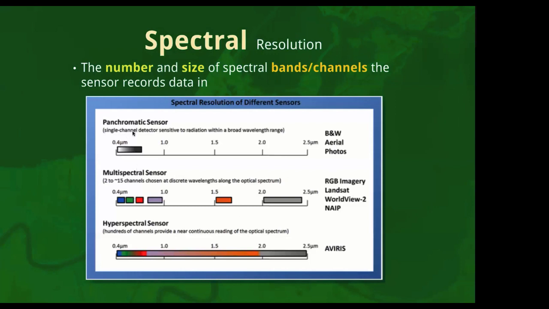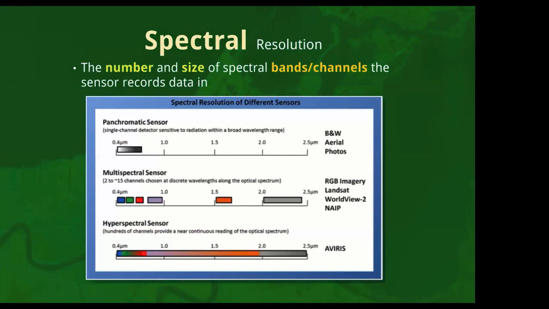In addition to multispectral, sometimes you may have hundreds of bands. In this case, we call this type of sensor a hyperspectral sensor.